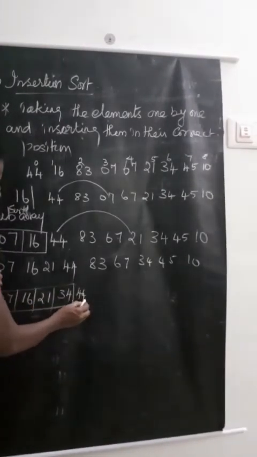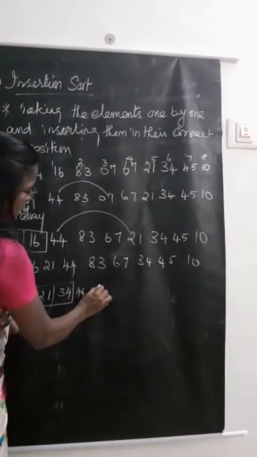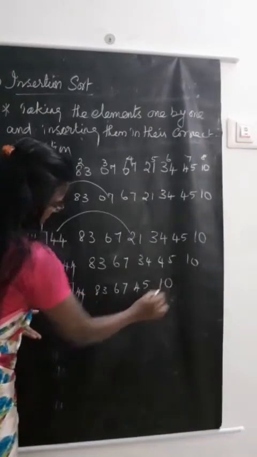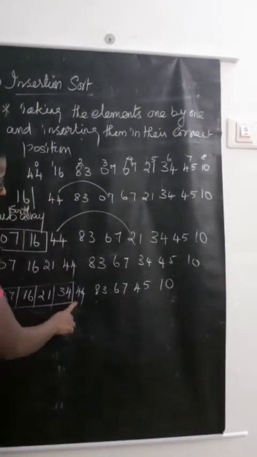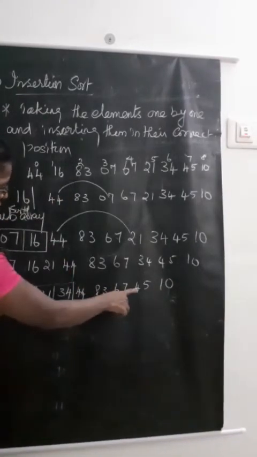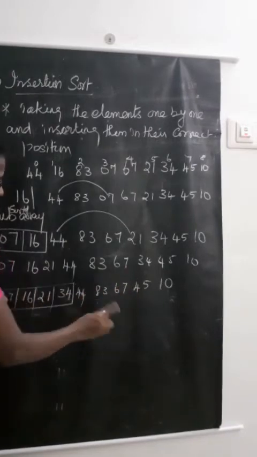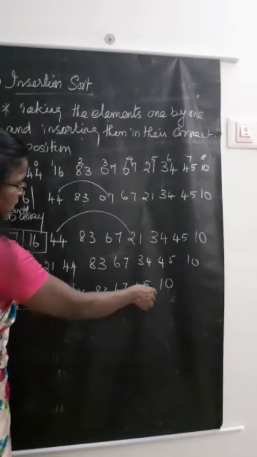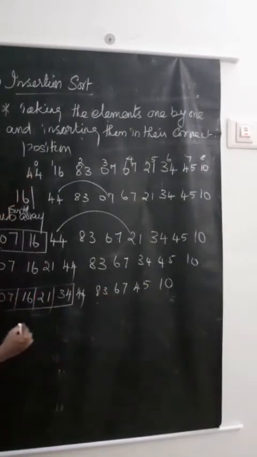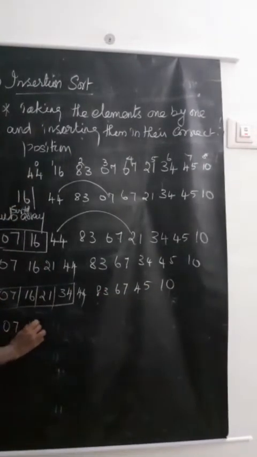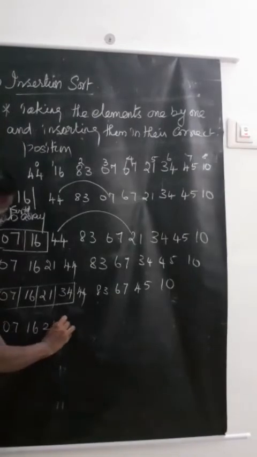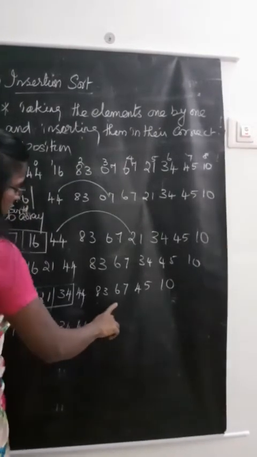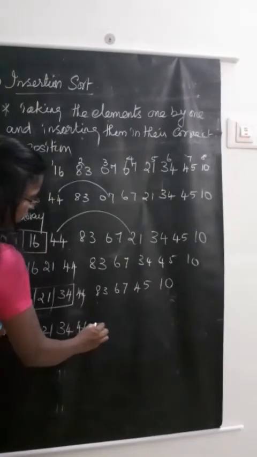Then 44 and again 83, 67, 45, 10. 44 is compared with 45. Yes, it is smaller, so no need of changing. In this manner, next 10. So 07, 16, 21, 34, 44. The first cycle is completed.